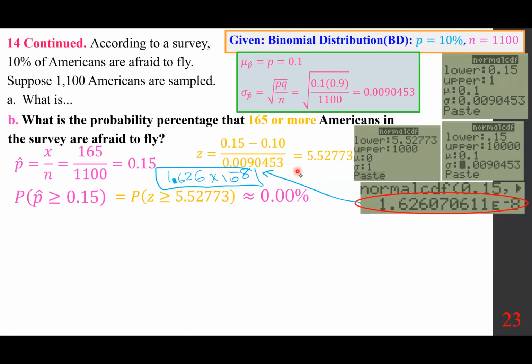If I wanted to go with the third method, normal distribution, this would have been the probability of X 165 or more, which means probability of 165, and it continues indefinitely. So this is the binomial distribution.